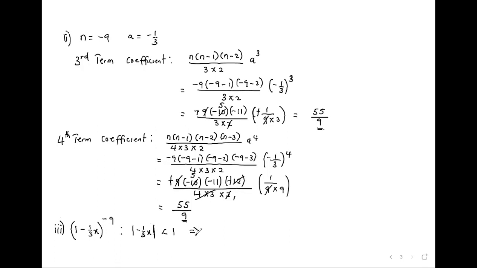But anything that comes out of the modulus will come out as a positive number. The negative does not survive there. This means that if you cross multiply by 3, you get the modulus of x to be less than 3. And so this is the range of validity.